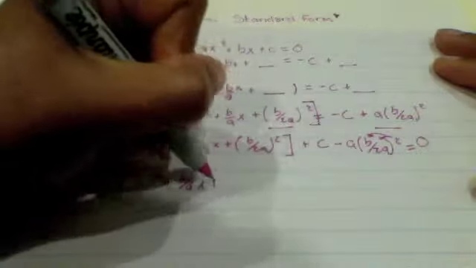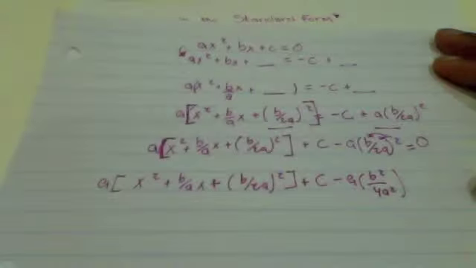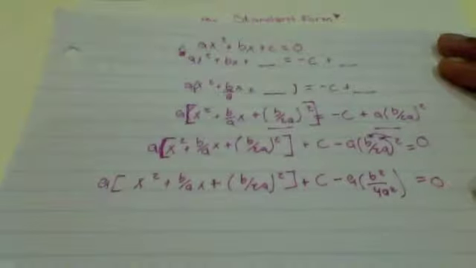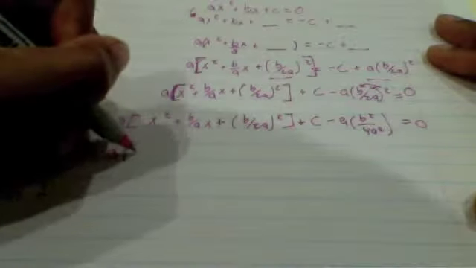So that where we once had b over 2a squared, we are going to have b squared over 4a. So we've already kind of completed the square.